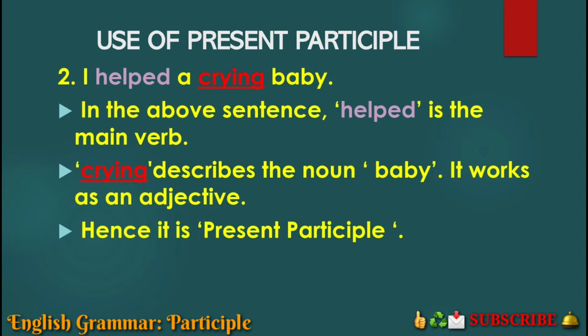So it is an adjective. So here crying works as an adjective because it describes the noun baby. Hence it is a present participle because it works as an adjective in this sentence. Okay, students, have you understood this much? Very good.